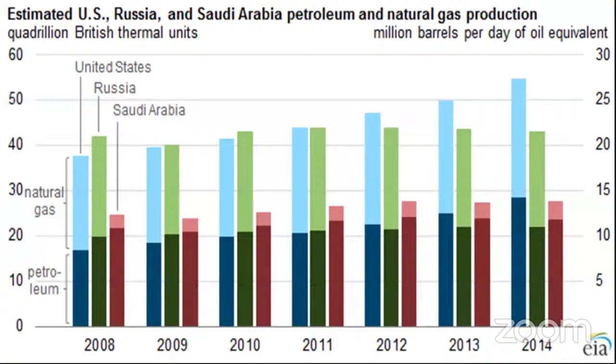You see, the USA, United States, Russia, and Saudi Arabia. In 2008, how much resources were there? Russia had a lot of resources, mainly natural gas, compared to petrol and diesel. Slowly, by 2014, USA has got a lot of resources.